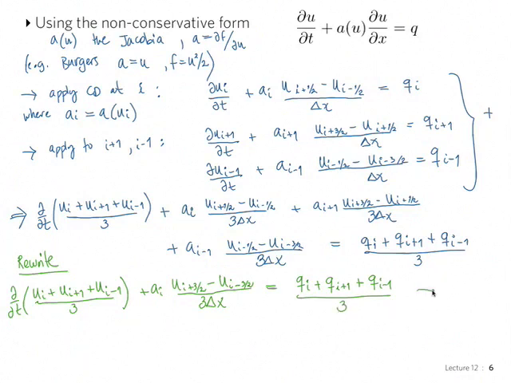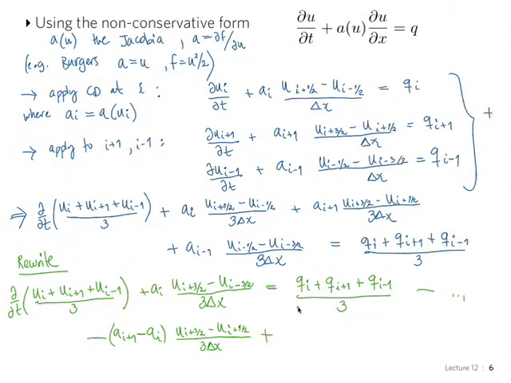And we still have minus some terms, which I'm going to write down here. They are (A(i+1) minus Ai) multiplied by (u(i+3/2) minus u(i+1/2)) divided by 3 delta x.